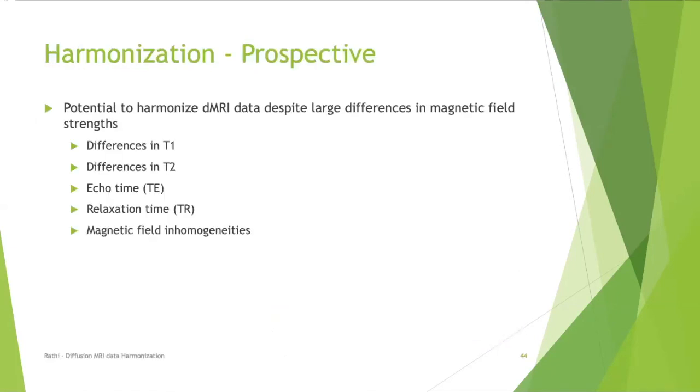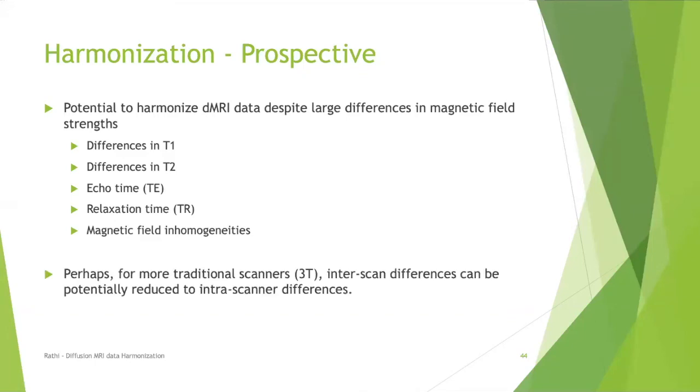So, getting to the end of the talk here, what we feel is that there is obviously still work to be done, but despite differences in T1, T2, echo time, relaxation, and magnetic field inhomogeneities, there is a possibility to learn a mapping between sites, even if there are large differences.